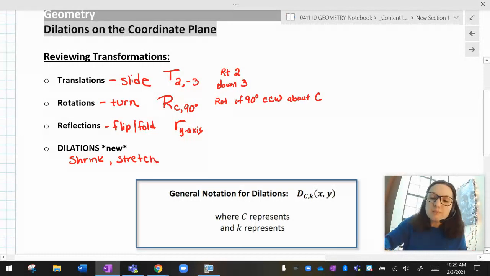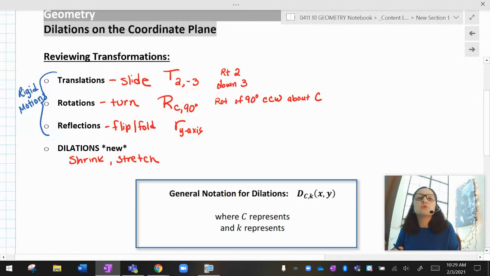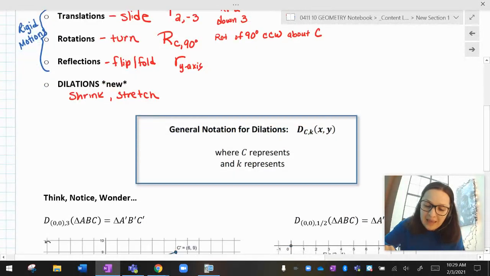Which makes it dissimilar from the other ones because all of these are what are called rigid motions, which means that they preserve distance and angle measure. They preserve both distance and angle measure.